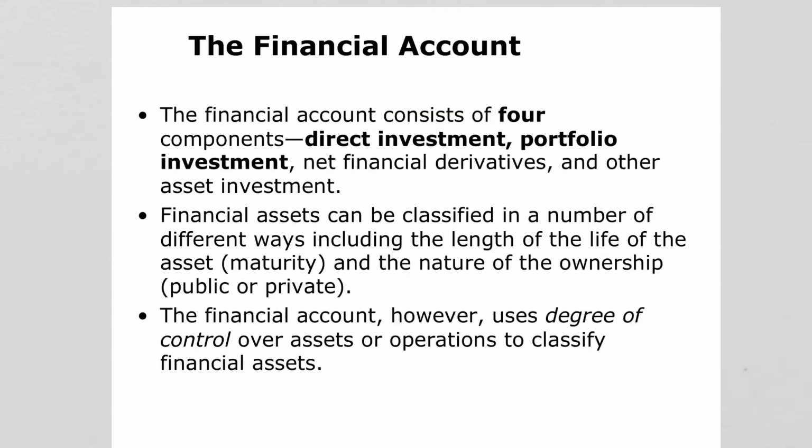Conversely, if you have something like a bond, as a bondholder, you don't have a lot of control over what the company does. You don't get to vote, for example, on who the board members of the company are going to be.